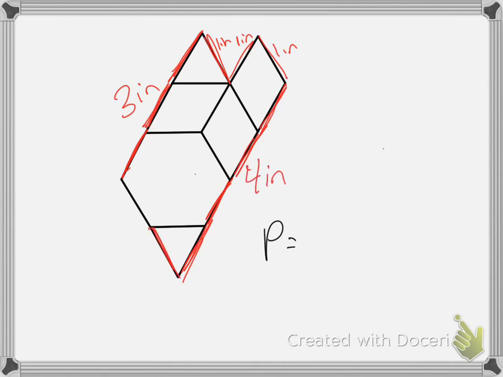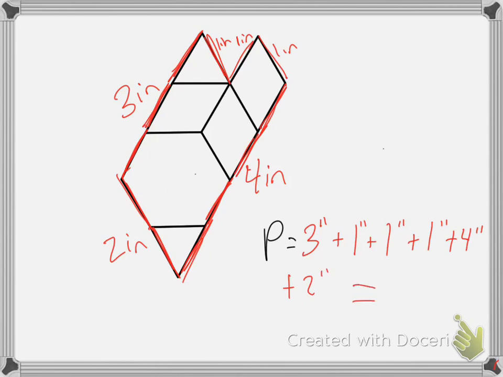And then I have 1, 2 sides there, so that's 2 inches. So my perimeter equals 3 inches plus 1 inch plus 1 inch plus 1 inch plus 4 inches plus 2 inches. And all that added up together equals 12 inches for my perimeter.